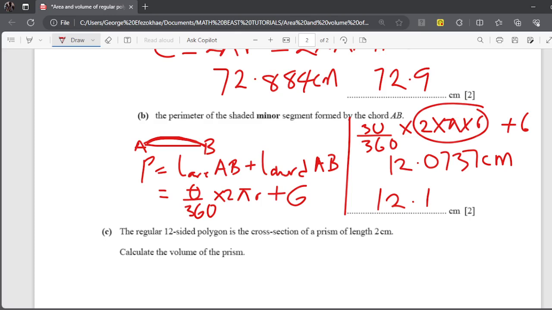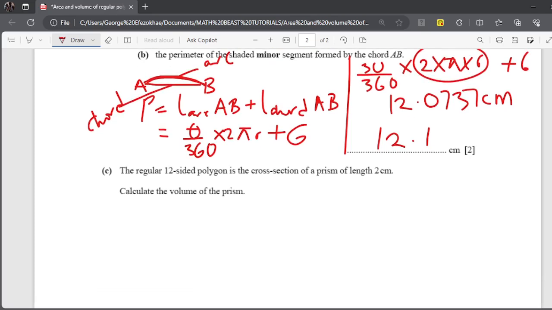So the perimeter of the shaded minor segment is just the length of the arc AB plus the length of the chord AB. As I said earlier, this is the arc and this is the chord. Since perimeter means addition of all the sides, we need to find the length of the chord and the length of the arc and add them together. So that settles that particular question.